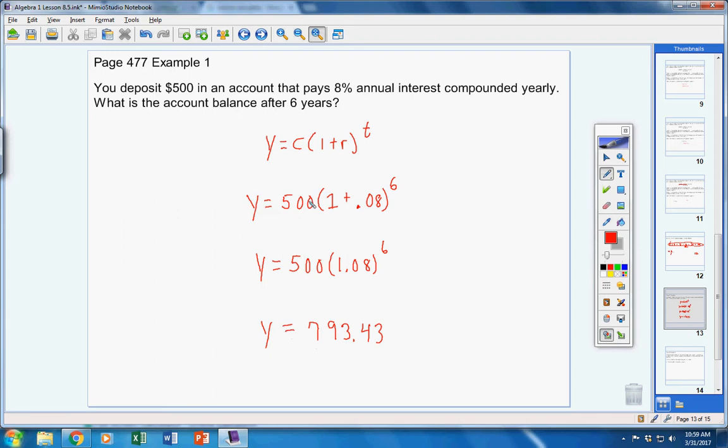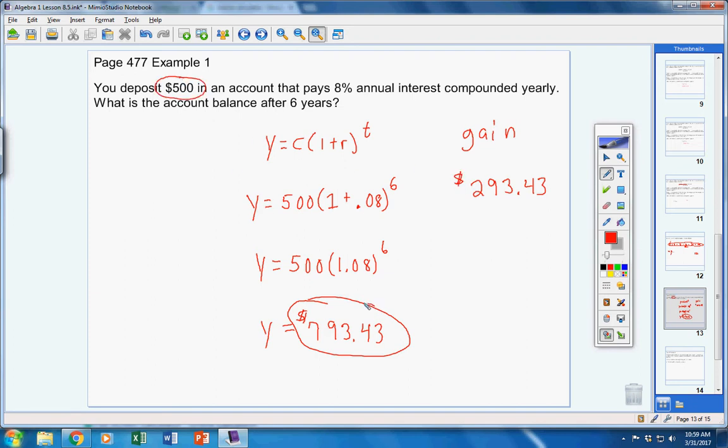So, if I asked you, are you listening? If I asked you for your final balance at the end of 6 years, you would say this is how much you have. If I asked you how much money did you gain, you would say you gained $293.43, right? Because you started off with how much? 500.